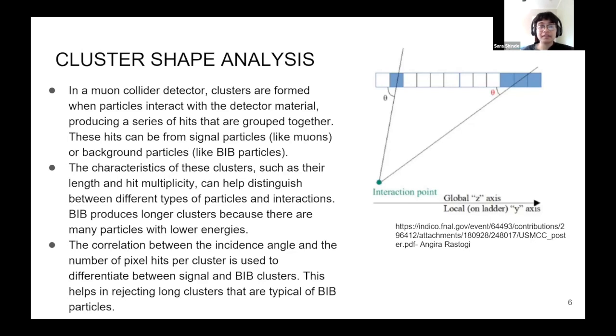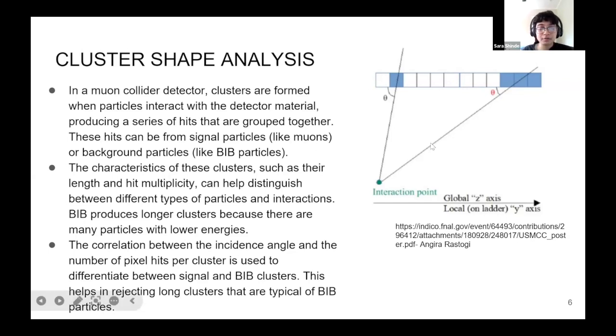These hits can be from signal particles such as from the Muon gun or from the background particles like BIB particles. The length and characteristics of clusters such as the hit length and multiplicity can help distinguish between different types of particles and interactions. The BIB produces longer clusters because there are many particles with lower energies.